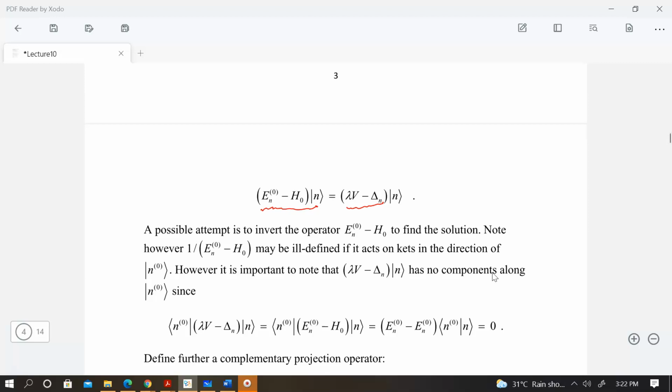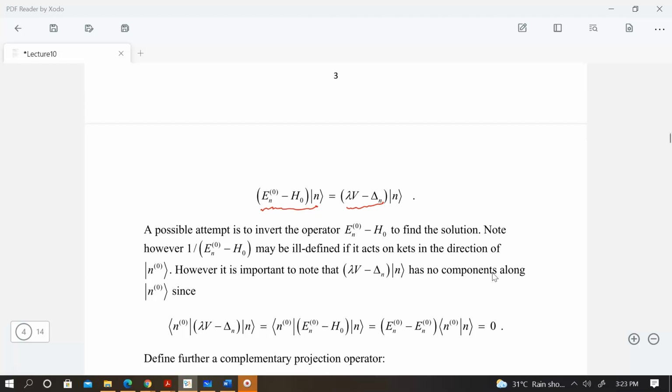So it is probably tempting, if I want to find the solution to this equation, which is equivalent to the perturbed theory eigenequation, to simply bring this, which is something that is already known, to the other side.